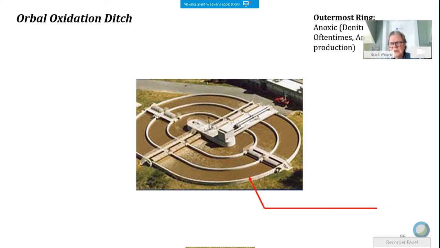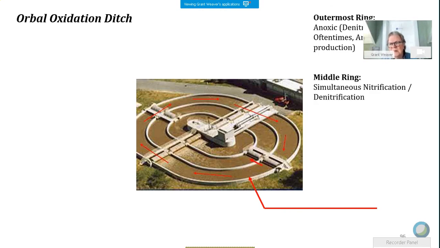So the flow comes in, goes around the outer ring. The outer ring in one of these, if it's a 3-ring orbital ditch, contains half the volume of the entire ditch. So half the volume now is anoxic. It's getting the return sludge and the influent and just enough oxygen to keep it from going too septic.